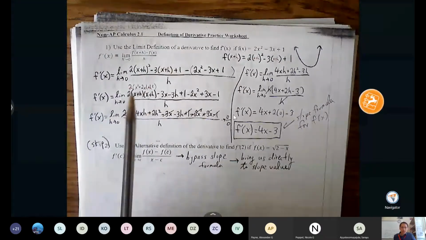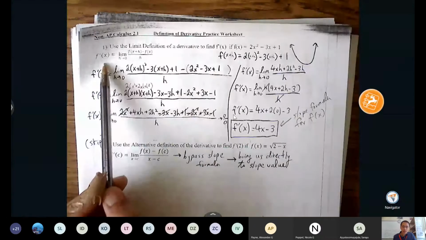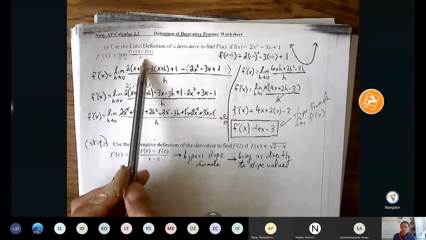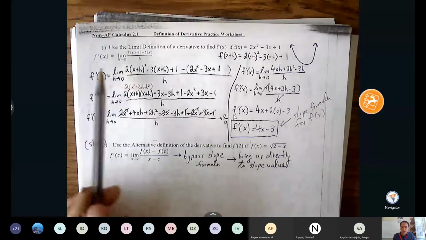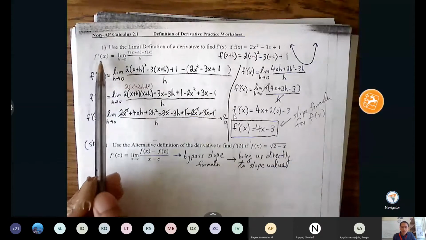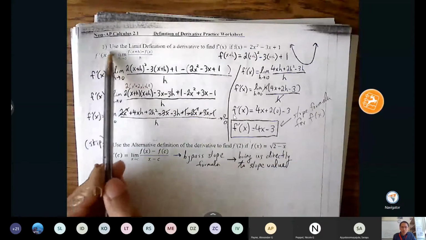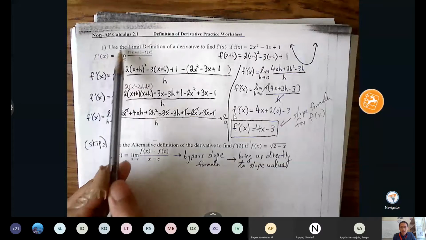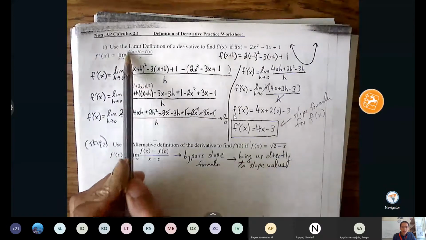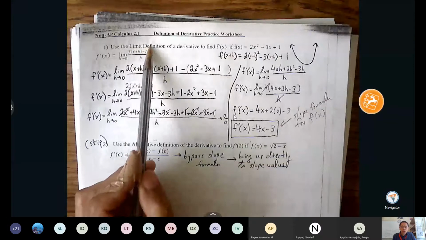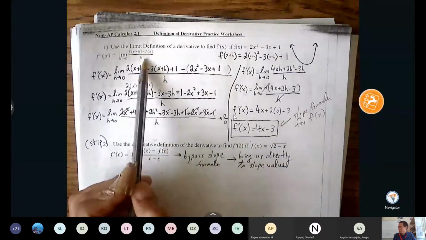But the idea remains the same, and it's the fact that derivative comes from the slope formula, which means that derivative is basically just another word for slope, but it now has more flexibility to find slope of any point on the curve, and it's not restricted to just a straight line.